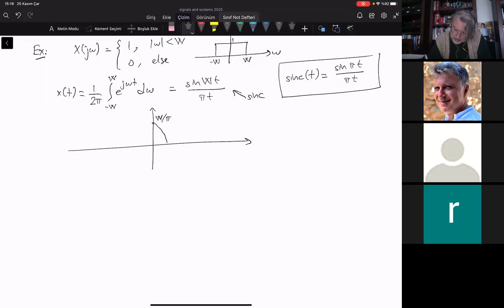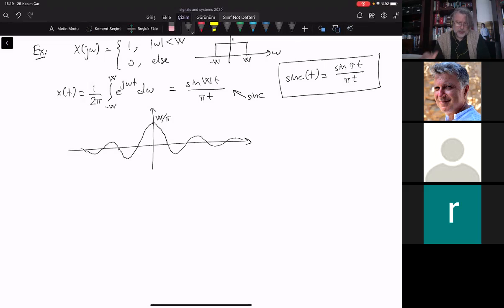and it makes a 0 crossing, another 0 crossing, another 0 crossing, and every time it makes a 0 crossing, the energy or the magnitude just decreases. Something like this. It goes on like this. And the 0 crossing appears when the angle w times t is equal to pi, the first 0 crossing position.